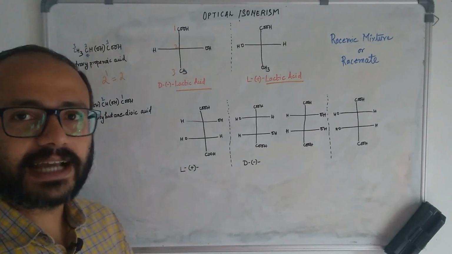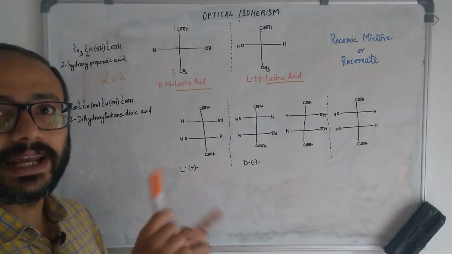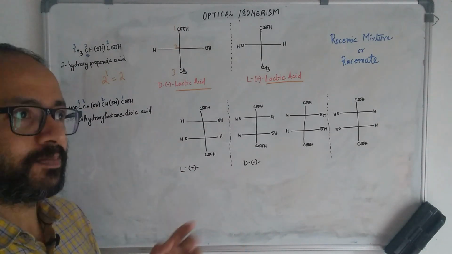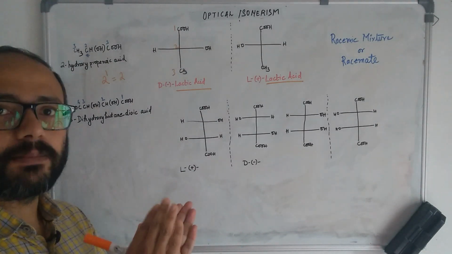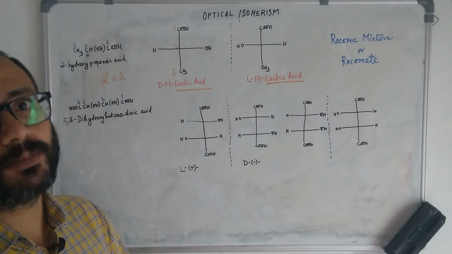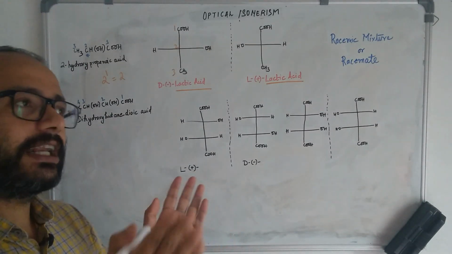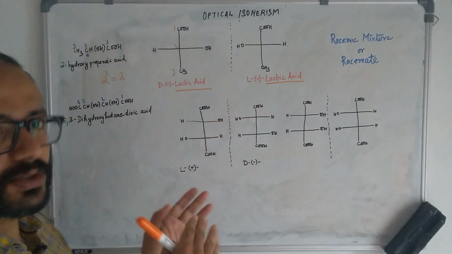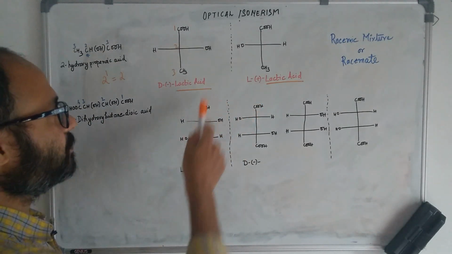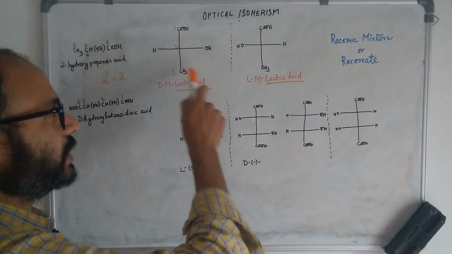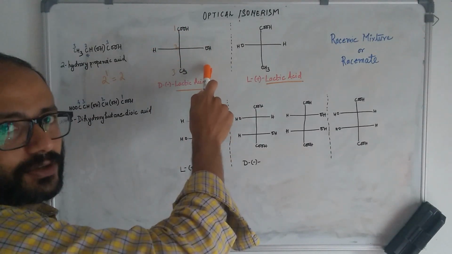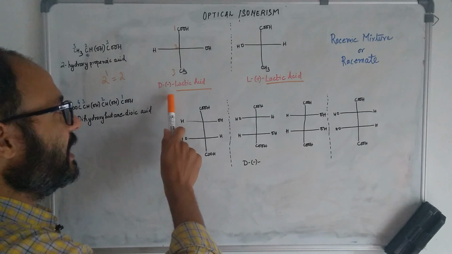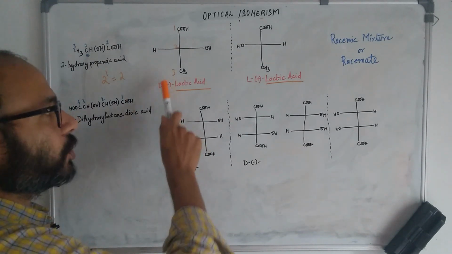So if they are optically active, means they would be able to rotate the plane polarized light. So if they are rotating the plane polarized light to the right side, it would be a dextrorotatory. If they are rotating it to the left side, it would be a levorotatory. So in these molecules, when they studied it, they found that this particular configuration in which you have written this particular stereoisomer of the lactic acid is showing a levorotation.